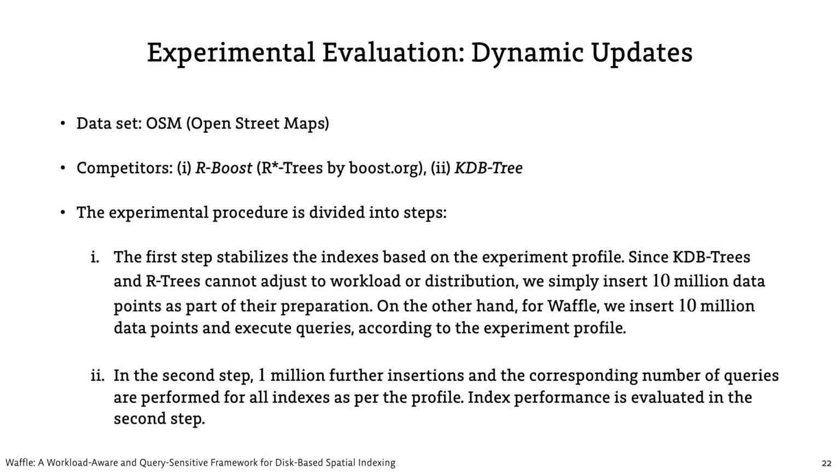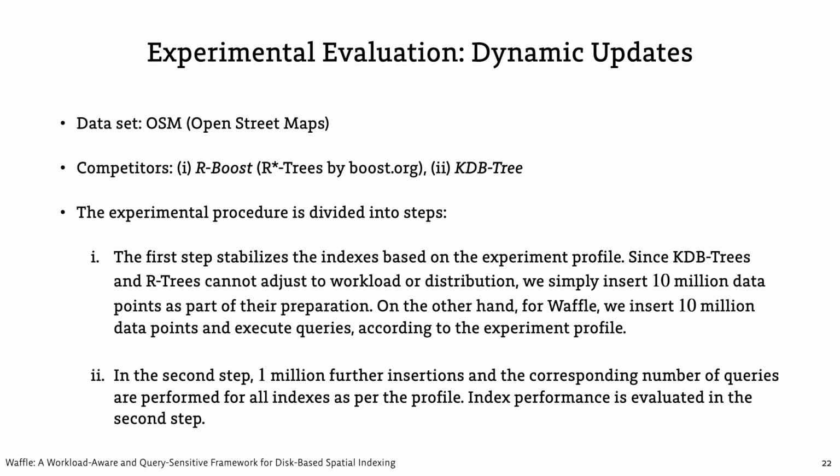Next, we move on to the experimental evaluation for dynamic updates. Again, we use the OpenStreetMaps dataset. We used R*-trees by Boost, labeled as RBoost, as one competitor, and KDB-tree is the other competitor. The experimental procedure is divided into two steps. The first step stabilizes the indexes based on the experiment profile.